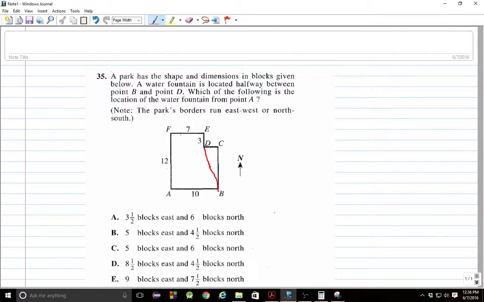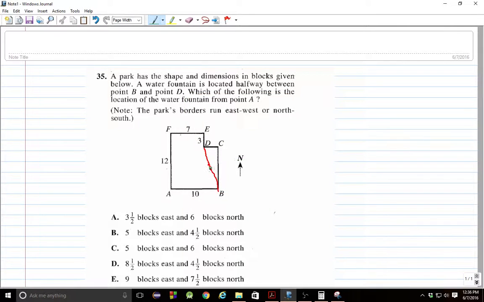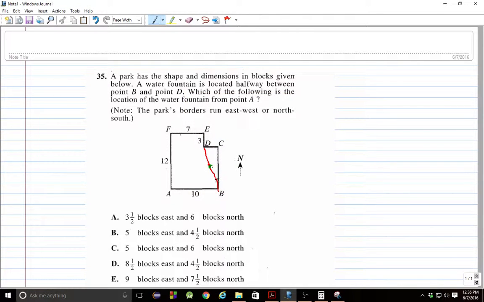right here, let's say. Let me put that to a different color if I can. Pen settings, color, we're going to put green. There's a point about right here between B and D. They're asking us to find essentially this point's coordinates from A. So in essence, A can be considered 0, 0.